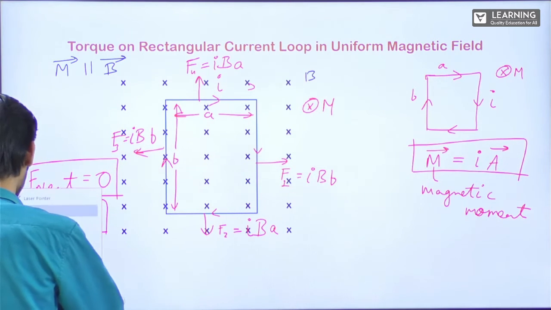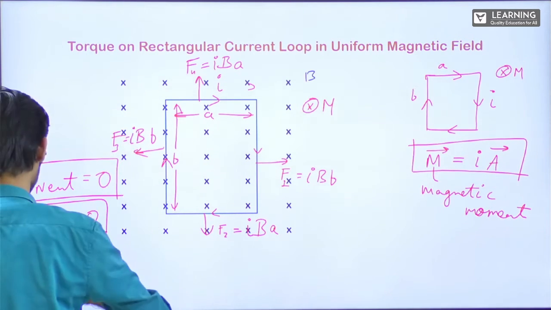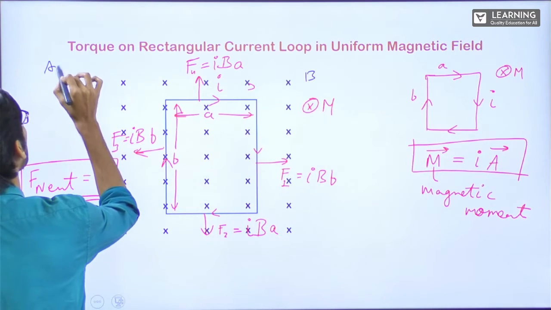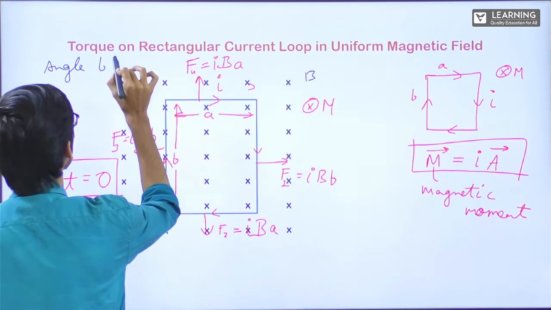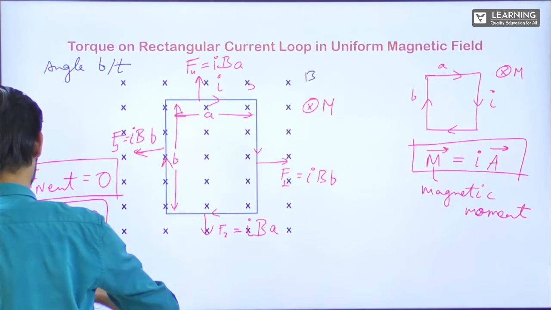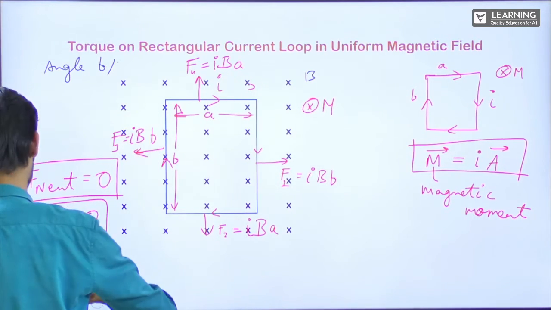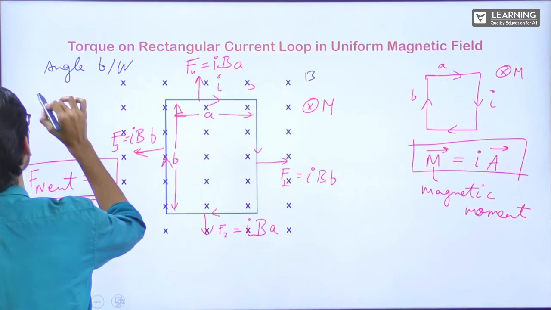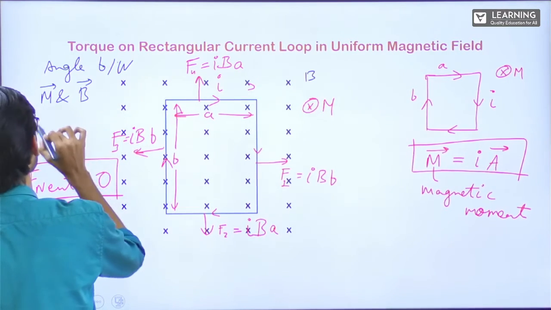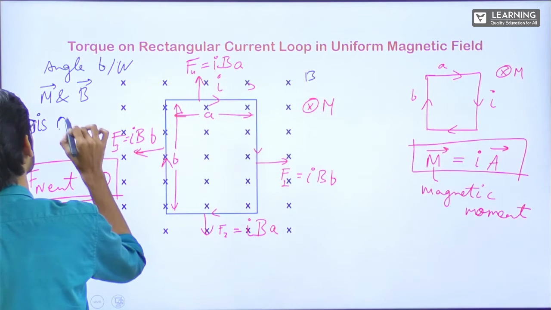Or you can say, in this case, the angle between M vector and B vector is 0 degrees.